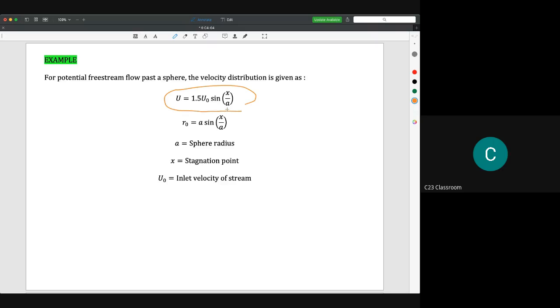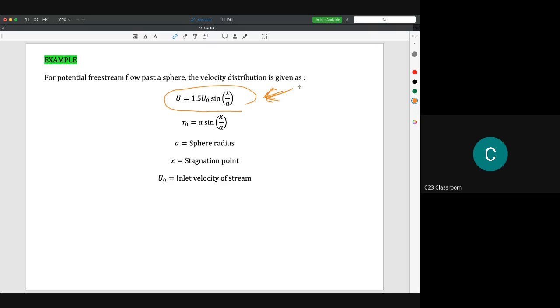I think if you refer back to our ideal flow, we have some kind of the x component, or maybe the y component, the r components or the theta components of flow around cylinder, showing something like this one. So we have sine, we have cos, and so on and so forth. And then here, we have r naught equal to a sine x over a.